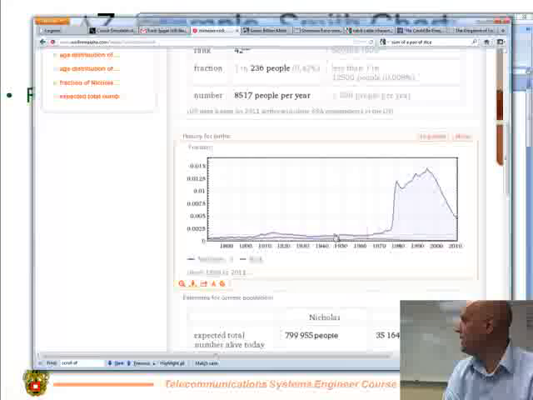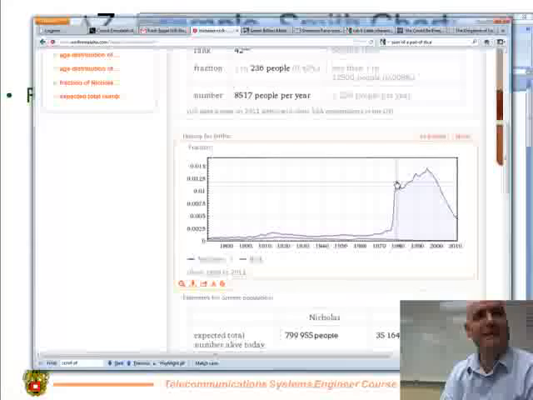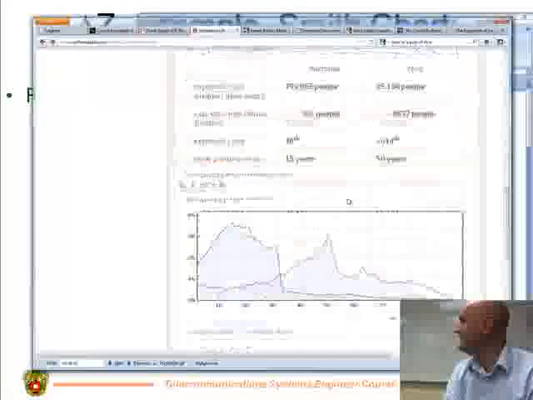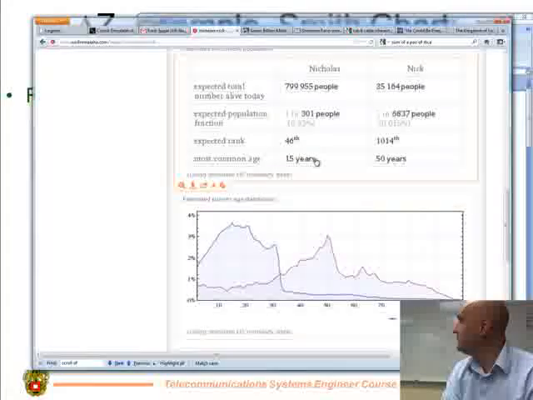So here's the cool part about it. This is Nick. Nick actually seemed to have peaked in the 1920s with a slight resurgence in the 1960s, but Nicholas really took off about 1980. And so here's the average age of people named.